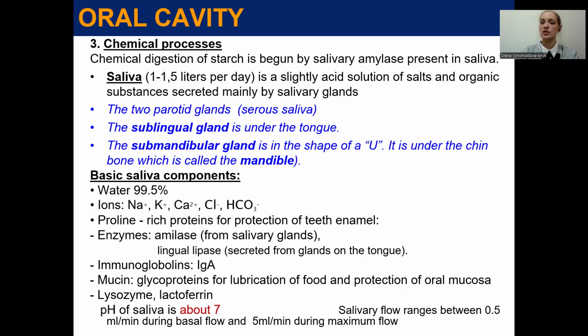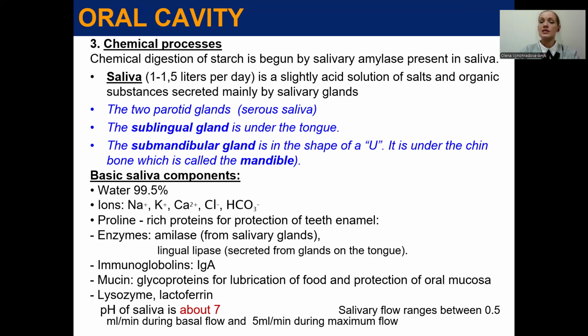Proline-rich proteins for protection, enzymes, amylase, and also we have here lingual lipase. Actually, they cannot explain what we need lipase for in our oral cavity. Maybe, we think, for some protection from pieces of food which stick between our teeth.